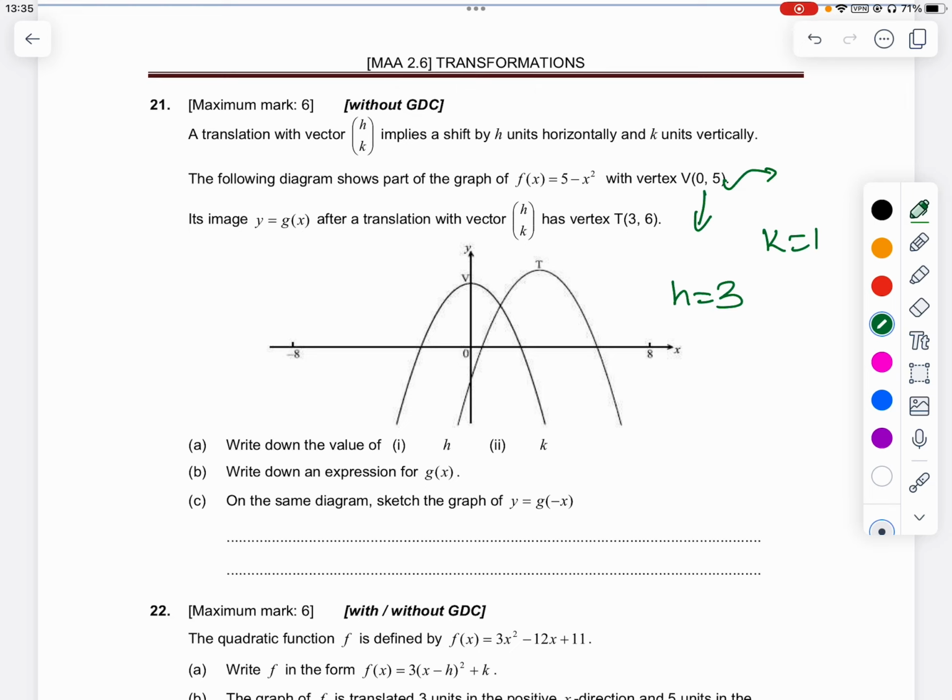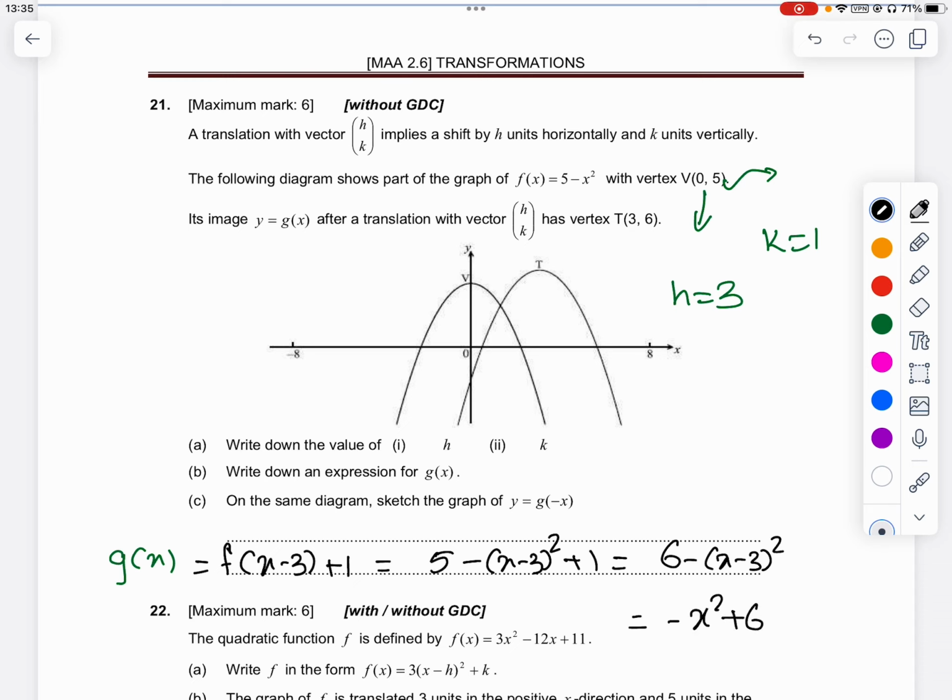Write down the expression for g(x). So what will g(x) become? f(x - 3) + 1, which is 5 - (x - 3)² + 1, which is 6 - (x - 3)². If you want to expand and write, you can, or else you can write it like that only. This is going to be the answer.